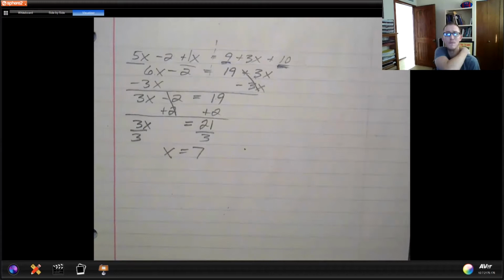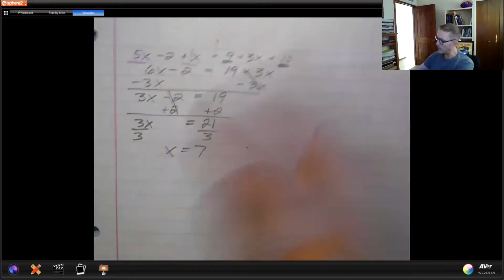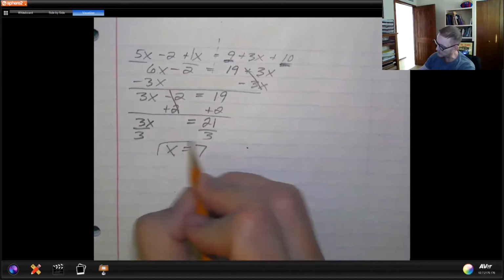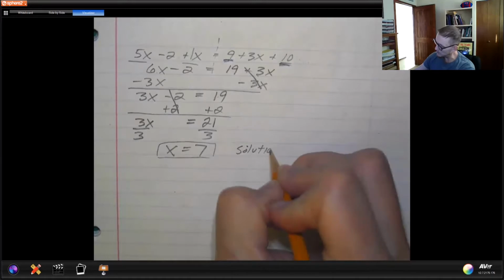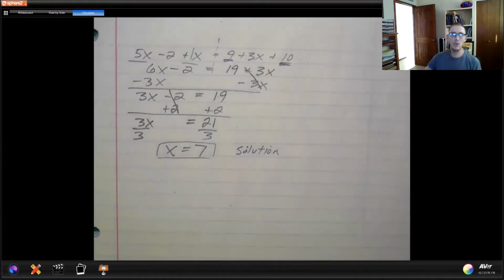So again, a review. The reason why I wanted to review this is because I want us to talk about what this is. This is what we refer to as the solution. The solution for this equation is x equals 7. That means if I plugged in 7 for that equation, everything would balance out and I would have a true statement.